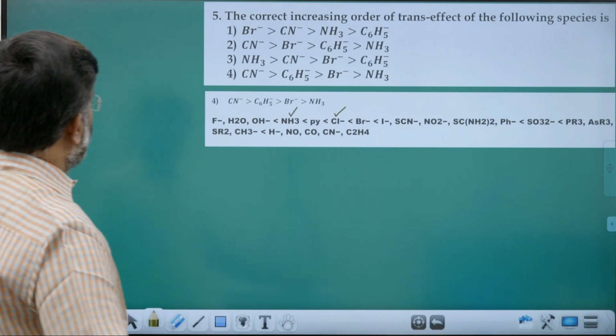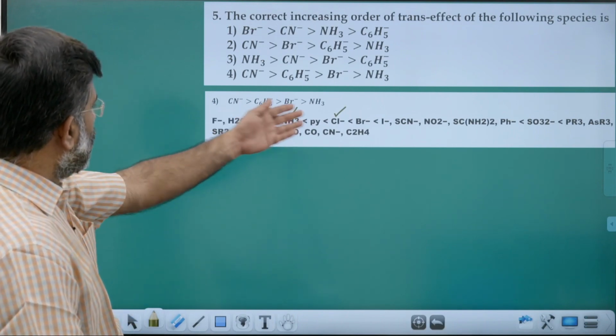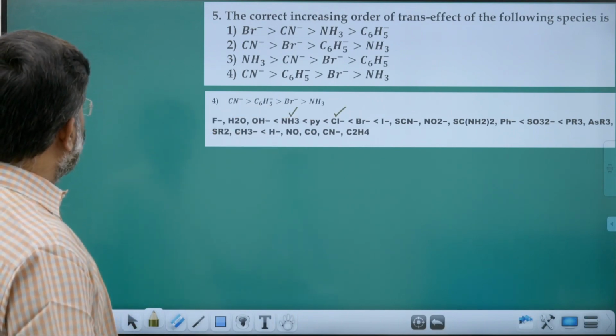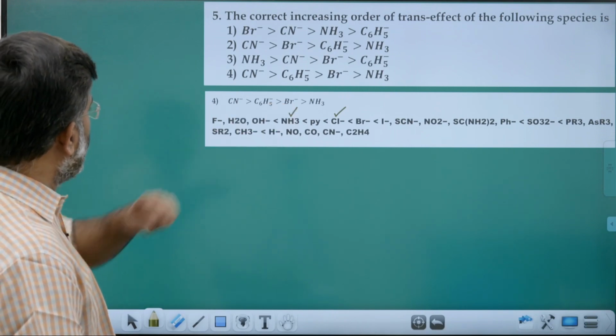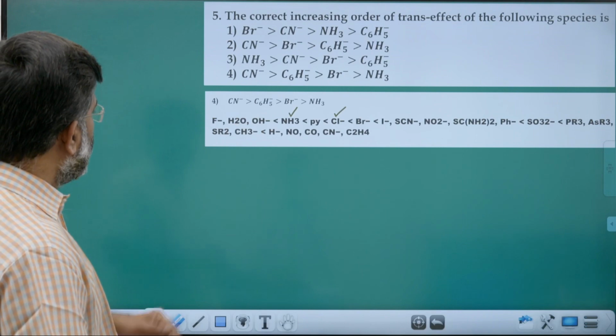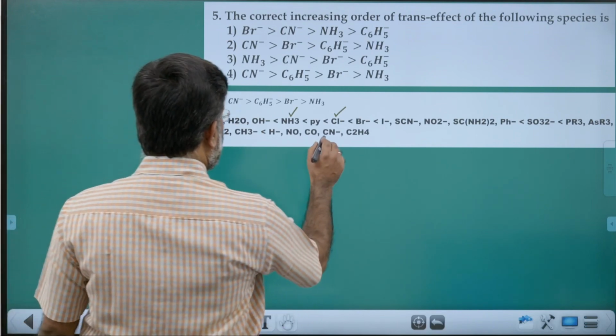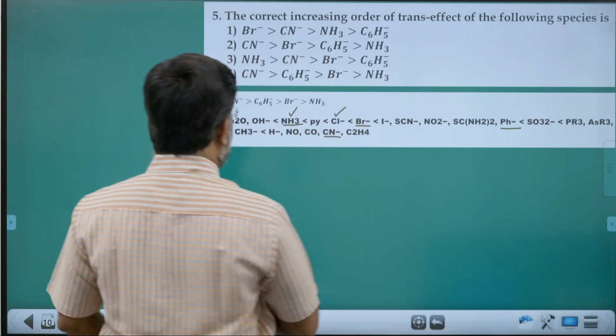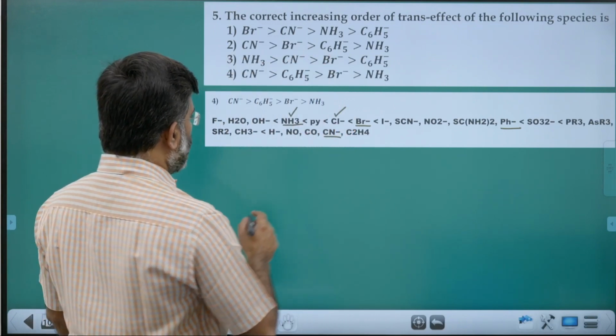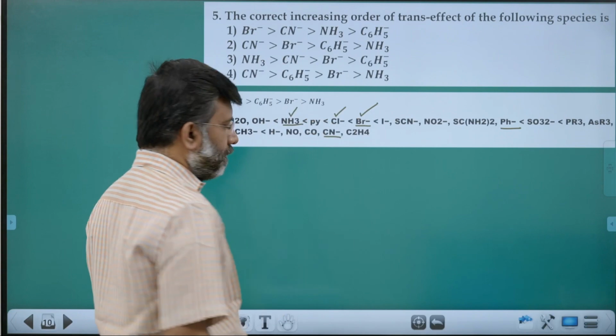So for the trans effect, which order can we take? The order is available. Maximum trans effect is cyanide, then comes phenyl, then comes bromide, then comes ammonia. You see, cyanide, phenyl, bromide, ammonia. Suppose you are replacing bromine with ammonia.